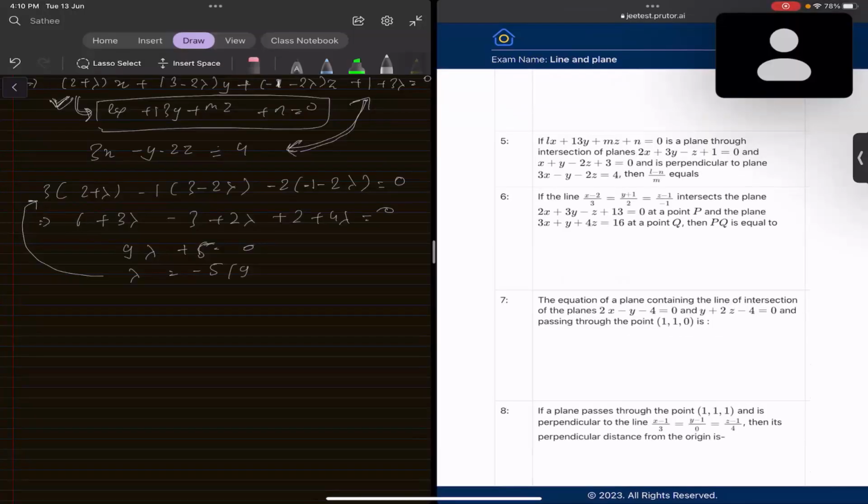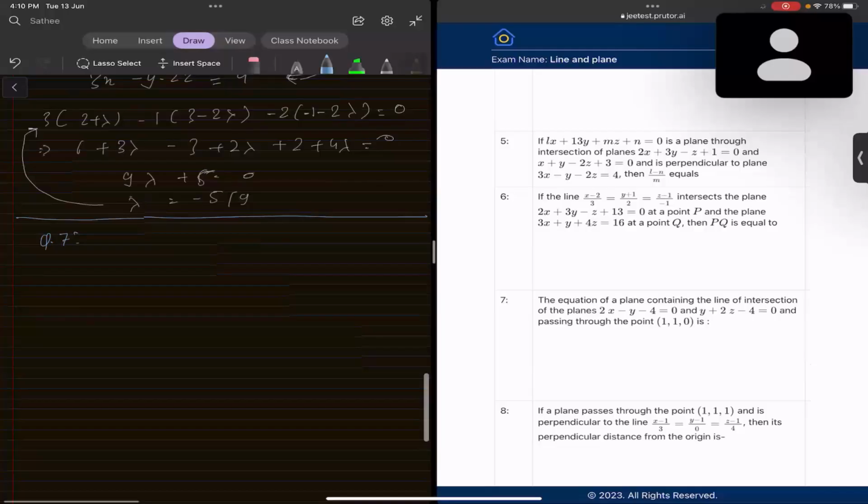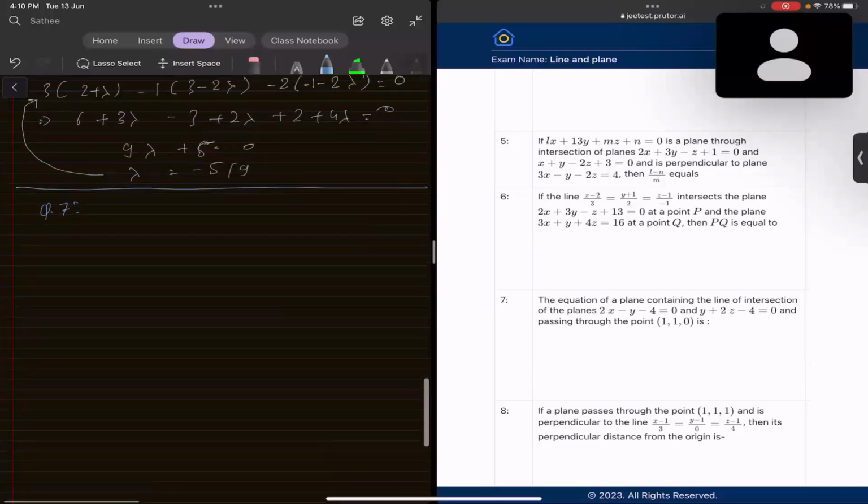Similarly, if you see question number 7, the concept of family of planes is involved here also. It is given the planes 2x - y - 4 = 0 and y + 2z - 4 = 0. The plane is passing through the line of intersection of these two planes, and line of intersection itself means that it is one of the family of planes.